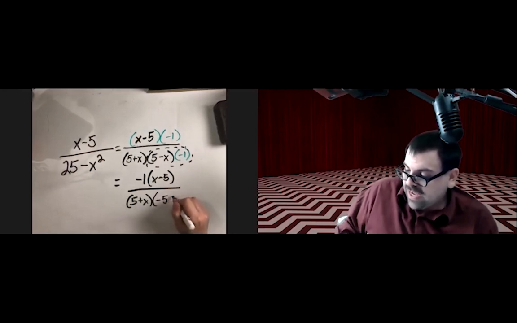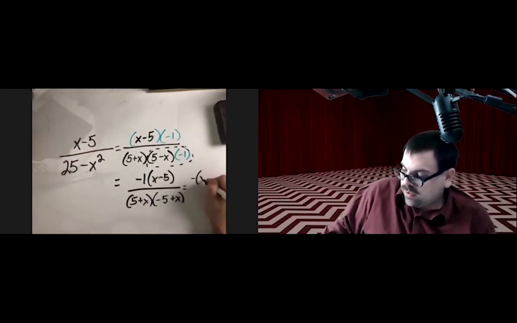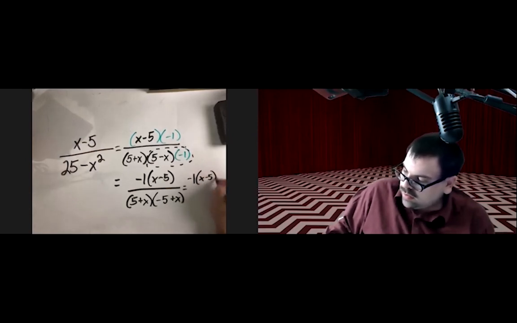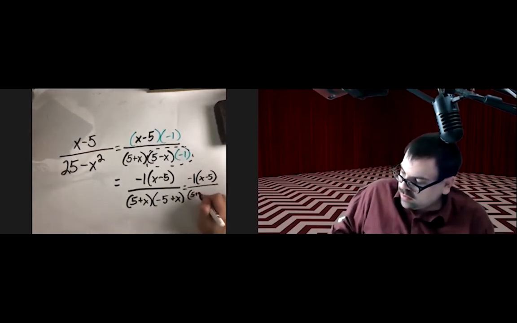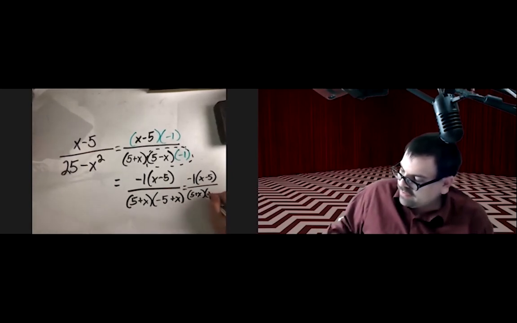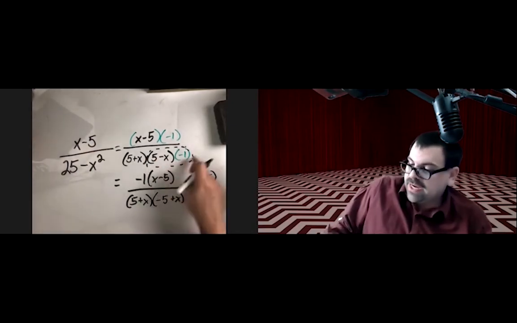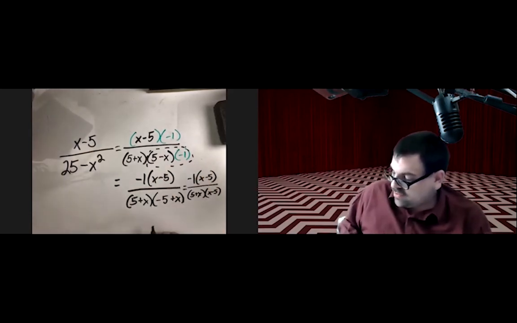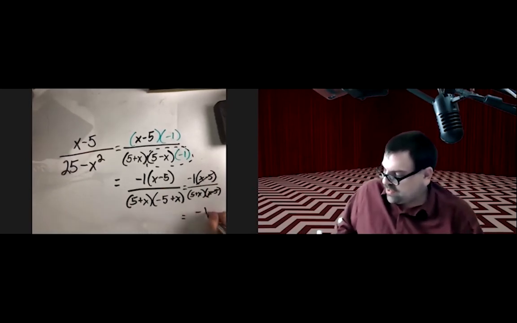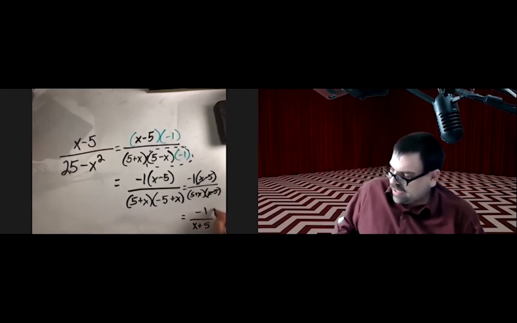That's negative 5 plus x, or x minus 5. x plus negative 5 is x minus 5. Multiplying a negative 1 through one of them is going to switch it around. And then we can just cancel normally, and we can see we're left with negative 1 over 5 plus x, or negative 1 over x plus 5.